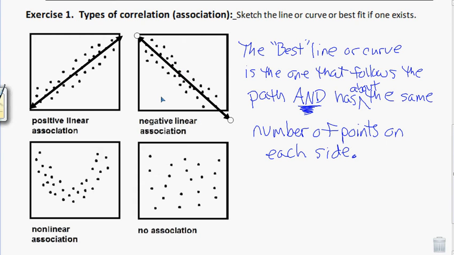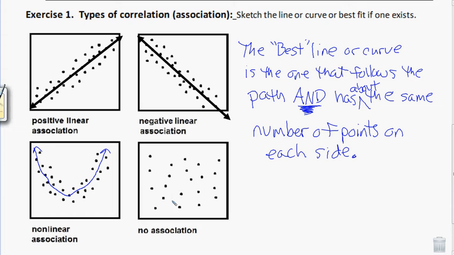Right about there. Okay, so really you're drawing a line that follows the path and has about the same number of points above the line as below the line. This, to follow the path, I have to curve it. And I have about the same number of points on one side of the curve as on the other side.